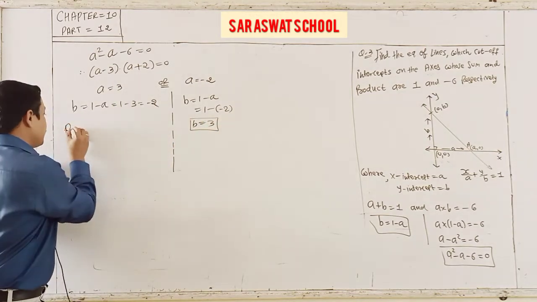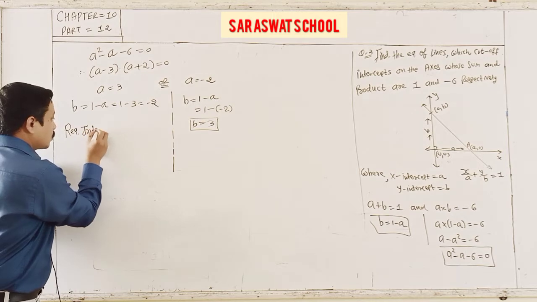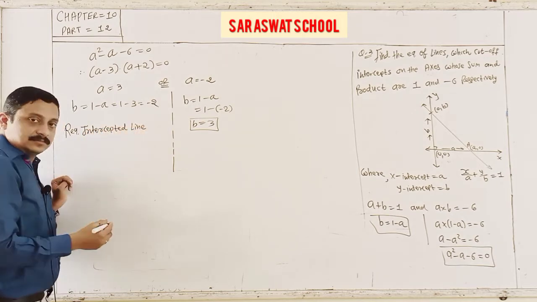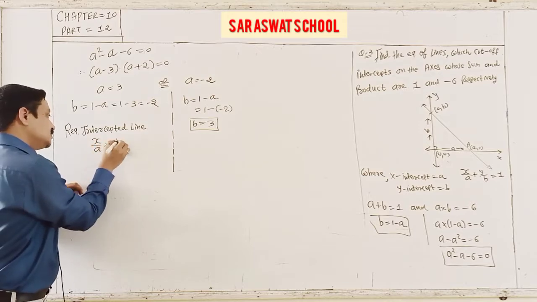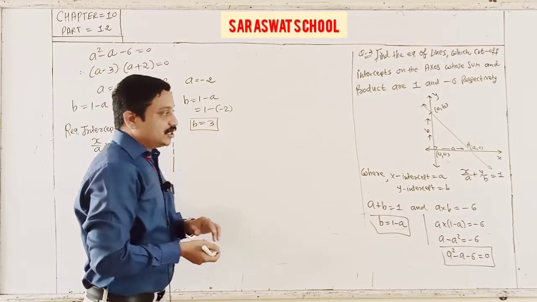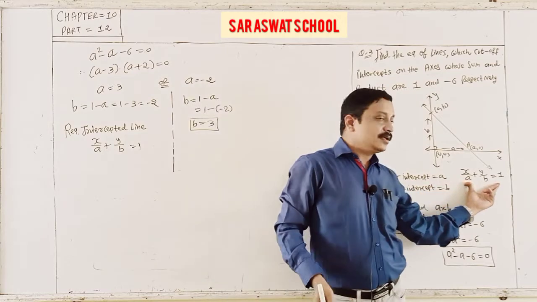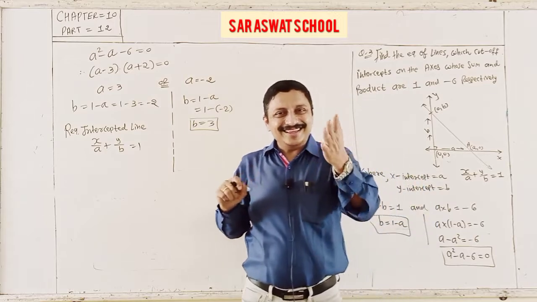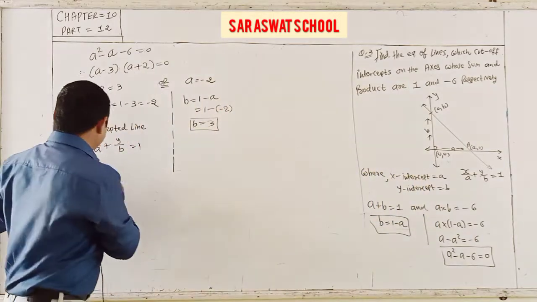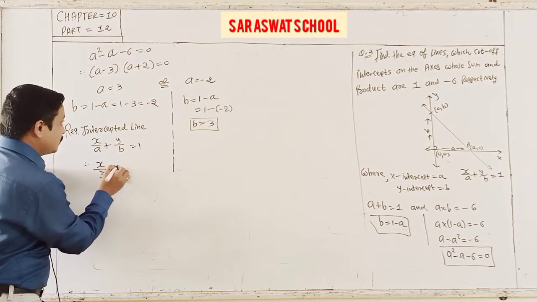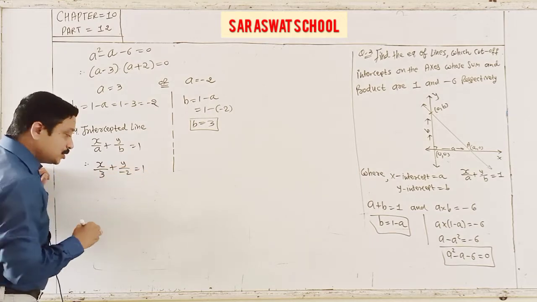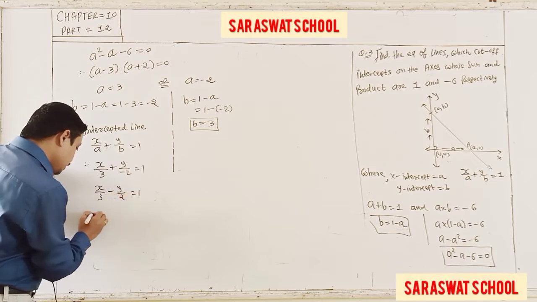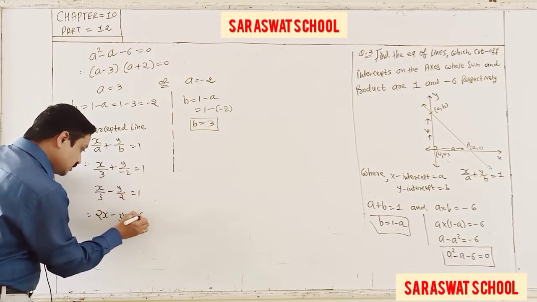Now the required intercept line, x by a plus y by b, you already take this line, x upon a, y upon b. Now put in a and b, easily you get the answer. So here your answer, x by 3, y by minus 2. So x by 3 minus y by 2, you get 2x minus 3y is equal to 6.